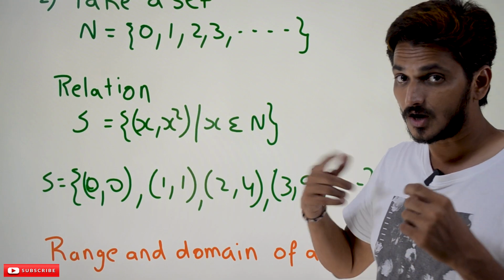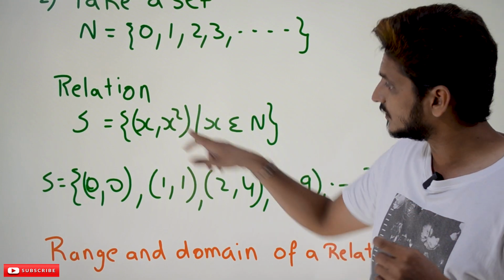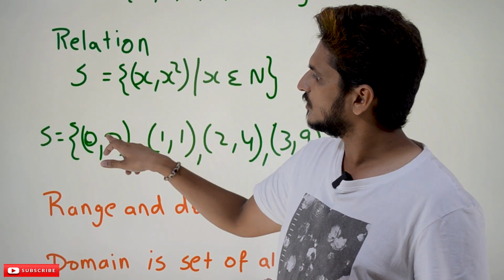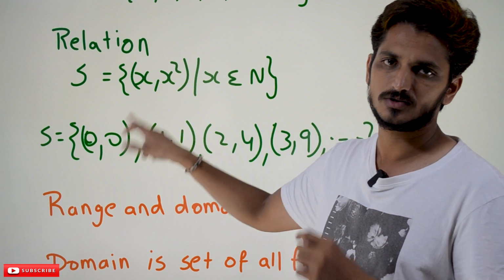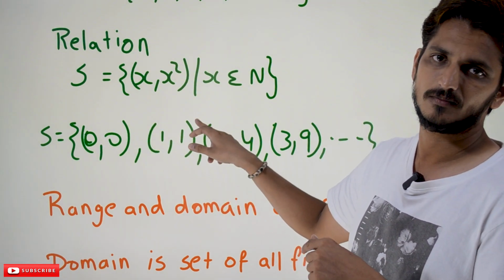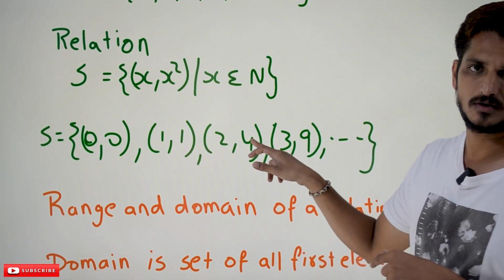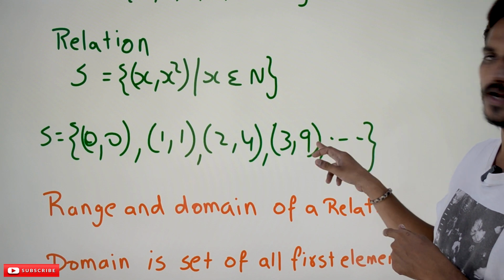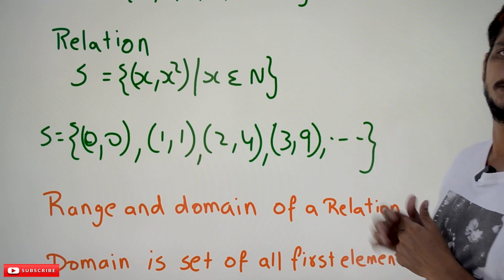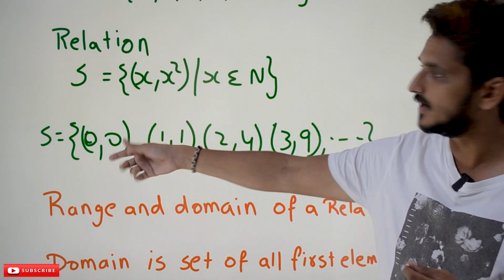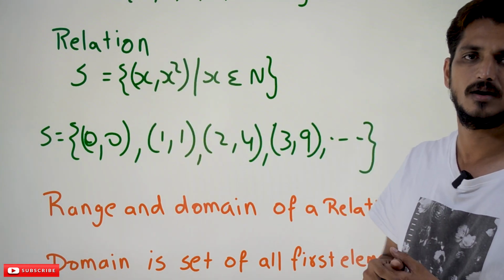So what are the ordered pairs that we are going to get on this type of relation? S is equal to (0, 0), which is 0, 0 square, the same; (1, 1), which is 1, 1 square; (2, 4), which is 2, 2 square meaning 4; (3, 9), and so on. So our ordered pairs will be like this. This is the relation that we mentioned here.